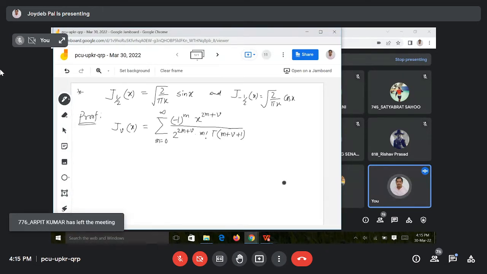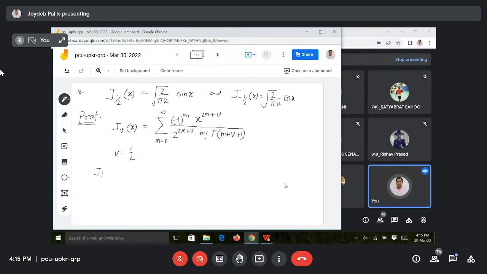That is a formula, right? Yes, sir. Now here nu is equal to half. We have to find the expression for J half. So I am taking nu is equal to half.